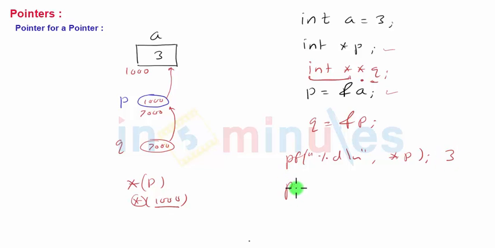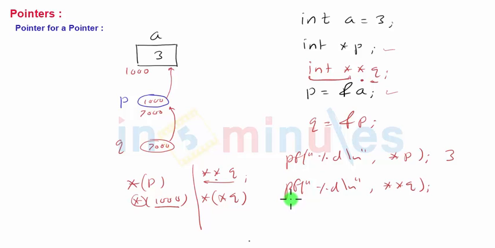Now let's go forward and see the next printf command. I'm writing **q here. How will it be solved? Solve it from right to left; first this operator will work. So let's keep the left-side star aside and take *q. What is *q? The value stored at q. Firstly, what is q? q is 7000, so it is going to be *7000.